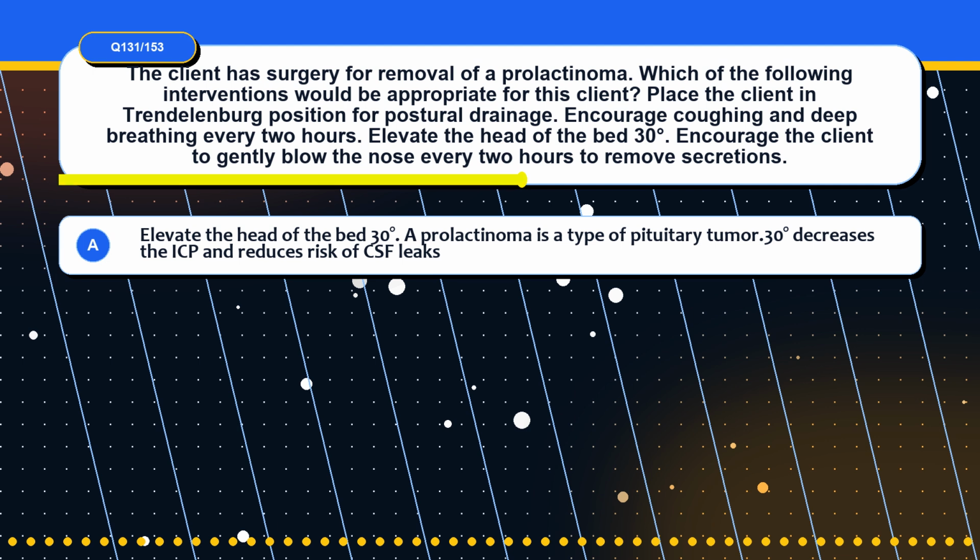Encourage the client to gently blow the nose every 2 hours to remove secretions. Here are the options. Option A. Elevate the head of the bed 30 degrees. A prolactinoma is a type of pituitary tumor. 30 degrees decreases the ICP and reduces risk of CSF leaks.